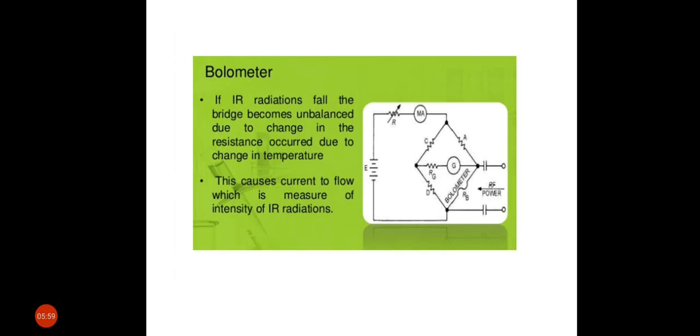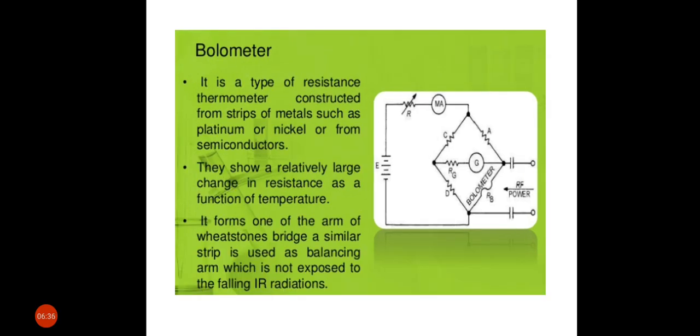If IR radiation falls on the bridge, then it becomes unbalanced due to the change in resistance caused by the change in temperature. This causes current to flow, which is a measure of the intensity of IR radiation. In this way the bolometer detector works.